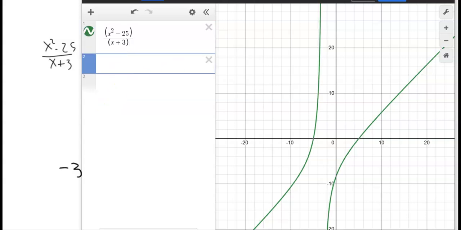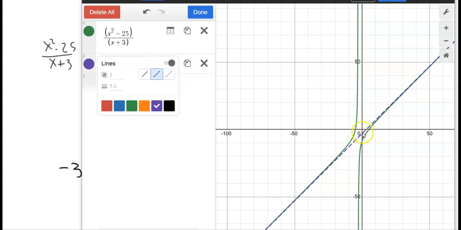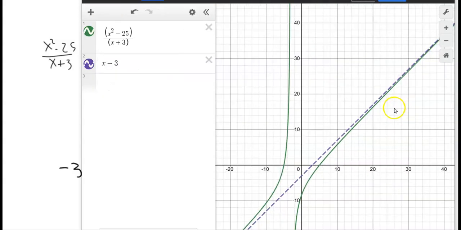And notice what I said the slant asymptote was x minus 3. And that's this line right here. Let's make that dashed just so it looks like an asymptote. Like that. And so notice what happens is as we zoom out, the function gets closer and closer to it, but it never actually touches it.